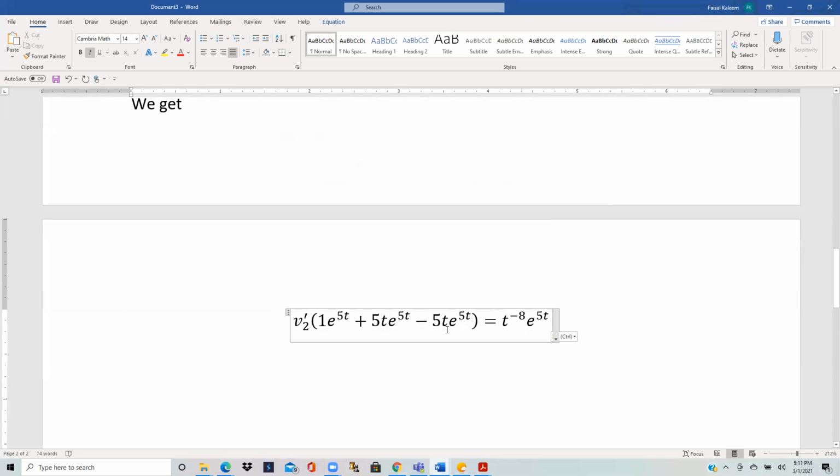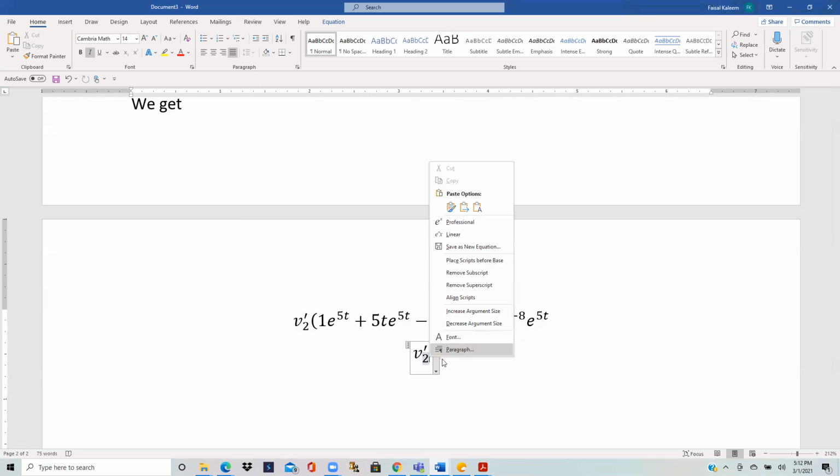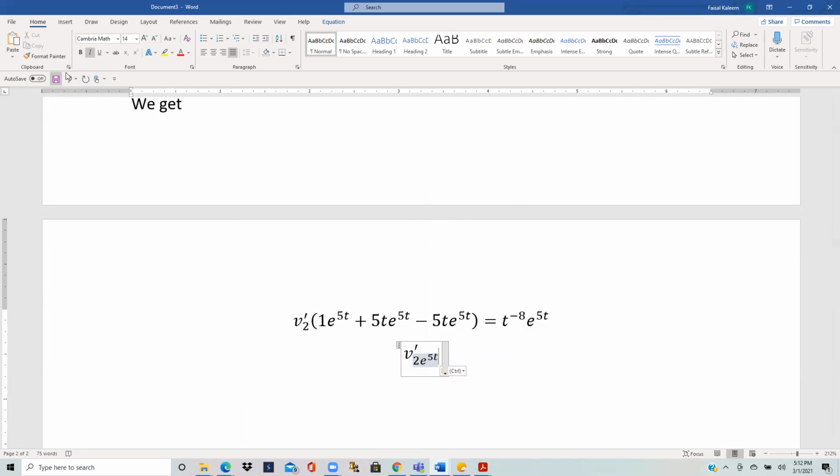These two terms also go away, and you just have v2 prime e to the 5t equals t to the negative 8 e to the 5t.